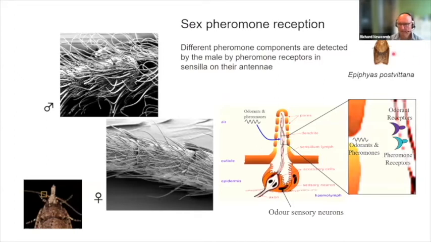A lot of lepidopteran pests use a particular sex pheromone to find their mates. So females will produce, or call, a pheromone which the males detect.